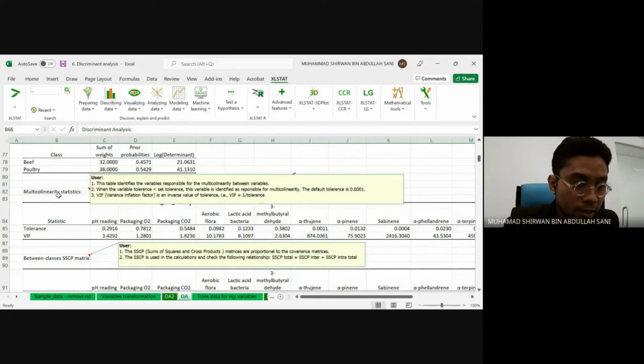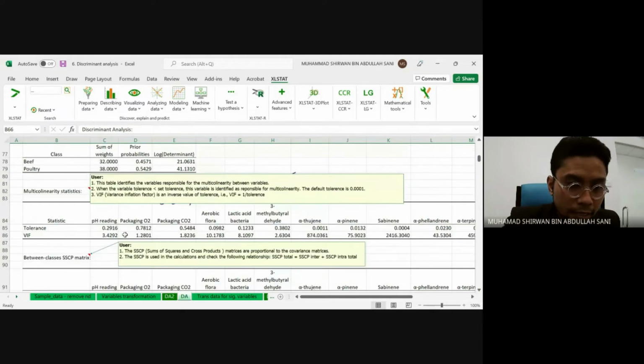From this multicollinearity statistic, they will produce a result stated as VIF, variance inflation factor, which is an inverse value of tolerance, where VIF equals 1 over tolerance. So you can have 1 over tolerance to get a VIF.